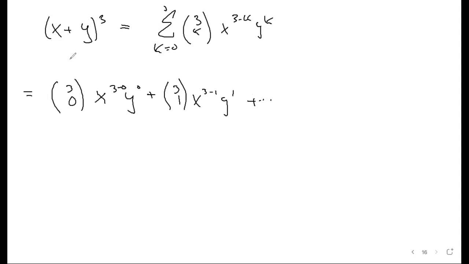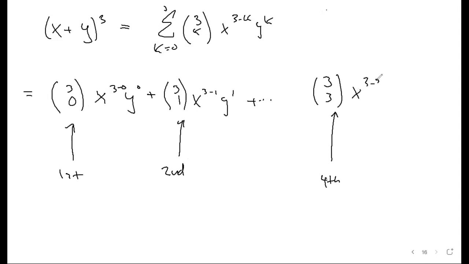All right. So when I want to find the nth term here, this is the first term, but I had to use 3 choose 0. This is the second term, but I had to use 3 choose 1. And for the fourth term, I'm going to have to use 3 choose 3, x to the 3 minus 3, y to the third.